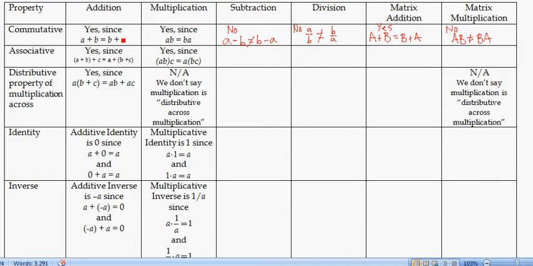All right, let's look at the next property: associativity. Associativity is basically talking about how we group the terms. Does it matter if we group A plus B and then add C, or if I add A and then group B and C together? For addition and multiplication, the answer is it doesn't matter which way I use parentheses. So what about if I did A minus B and then I subtract off C?